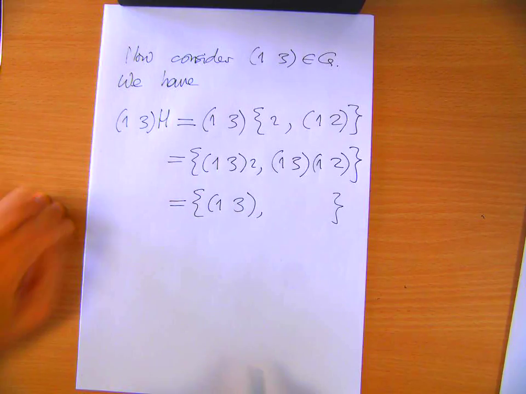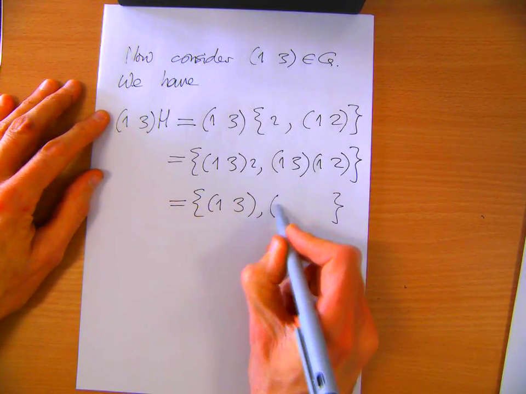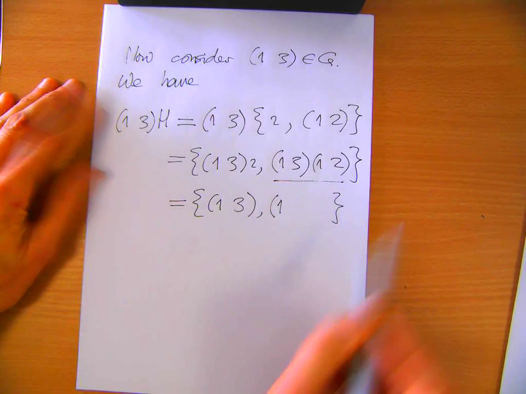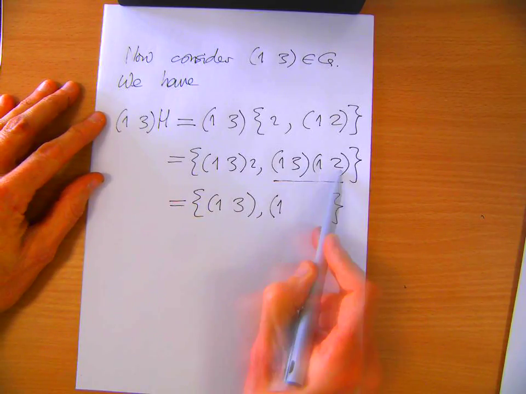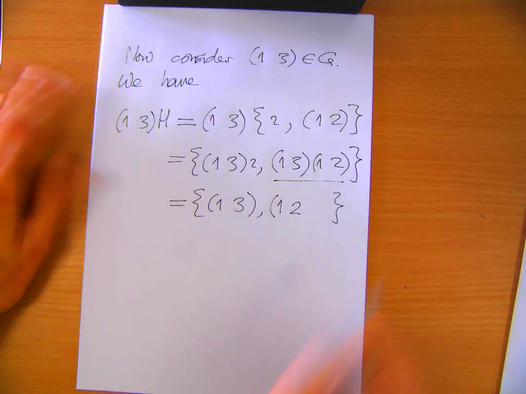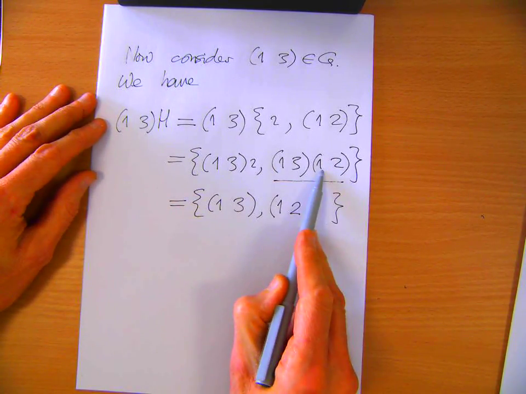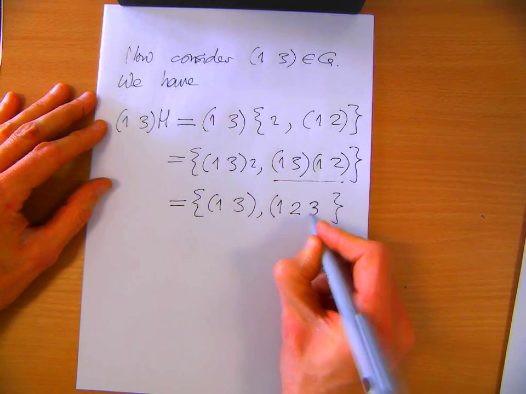We've done this kind of computation several times, but let's just do it. Where does 1 go? The one on the right sends 1 to 2, and the one on the left fixes 2, so 1 ends up going to 2. Where does 2 go? The one on the right sends 2 to 1, and then the one on the left sends 1 to 3, so 2 ends up going to 3.